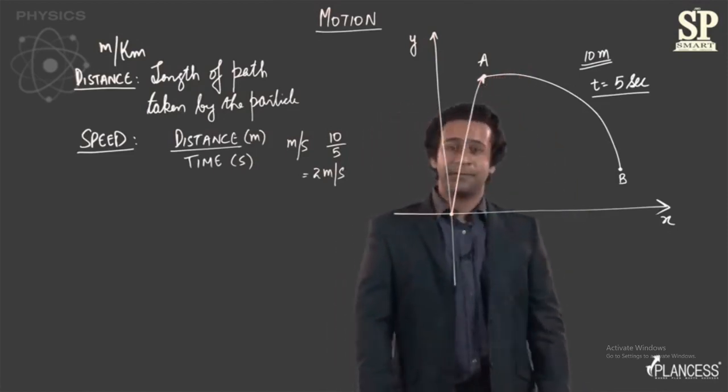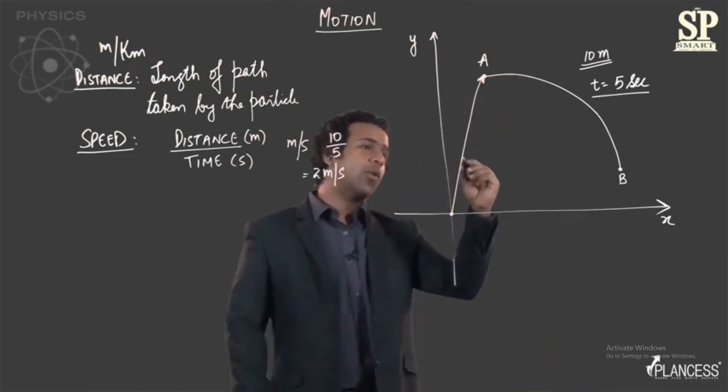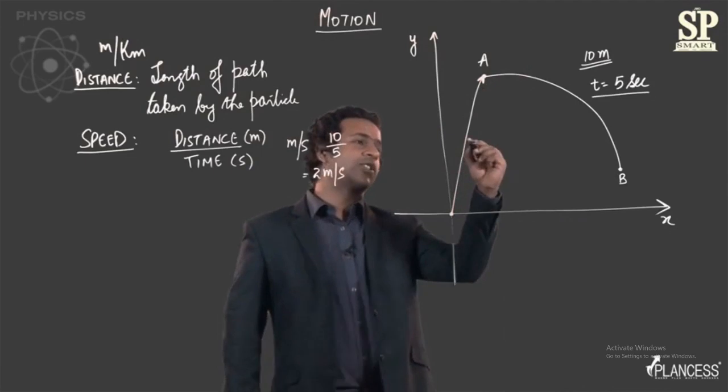This straight line gives you what is called the position vector.